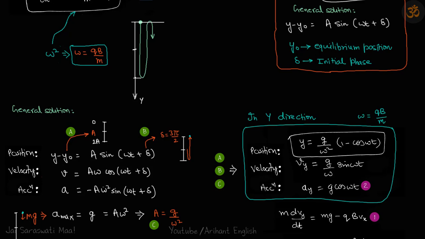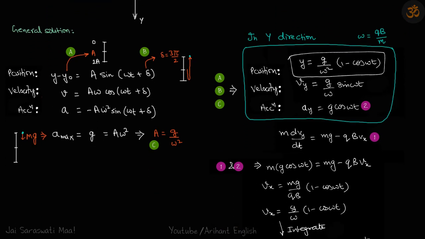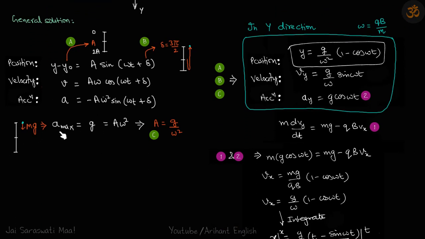Now if we go further down, we can see that A max is equal to A omega square. We know that. Now where is A max? It's on the top when the particle is just dropped. So that time magnetic field force is 0. So the only force is mg.